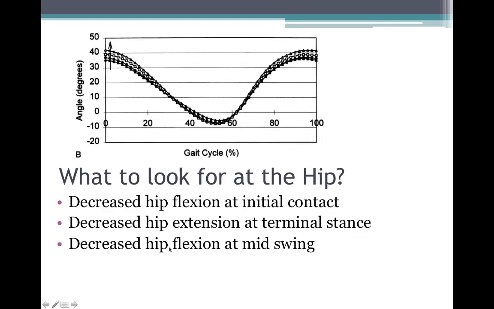And then decreased hip flexion at mid-swing can be a significant contributor to lower hip or knee flexion, and therefore tripping problems, because the limb doesn't become short enough when they're in swing.